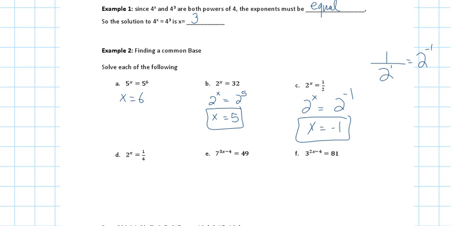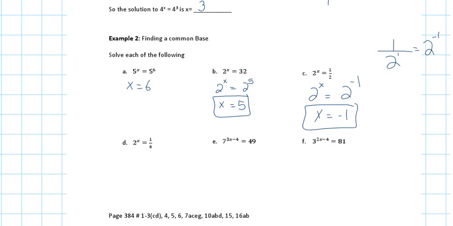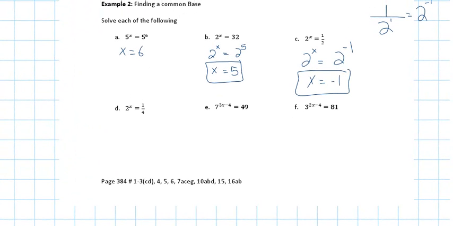Okay. Let's look at this. This is 1 over 4. I want my base to be 2. The first thing I want to do is change this 4 to a base of 2. What gives me 4? 2 to the power of what? 2 to the power of 2. To make it a base of 2, I have to flip and make my exponent negative.